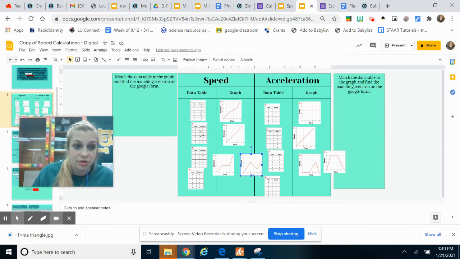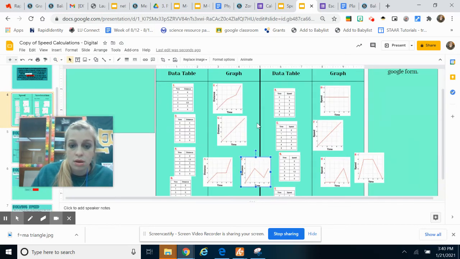That definitely doesn't show that. This one shows walking away, changing speed, but it's going away the whole time. This one, moving away. But this one shows away, back, away. So this is graph C.